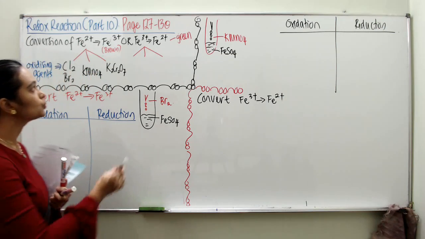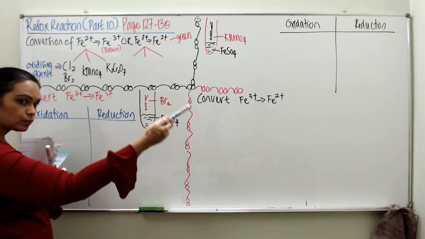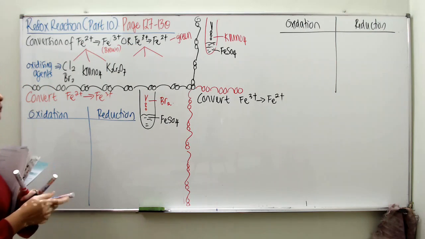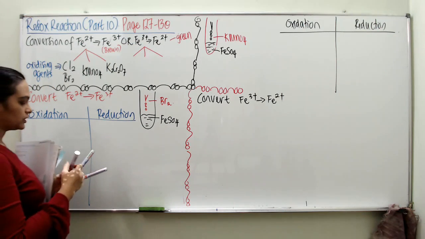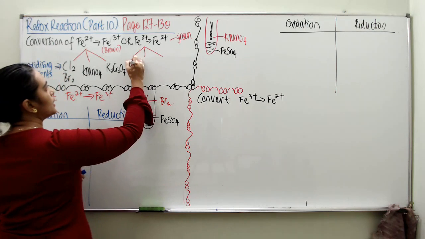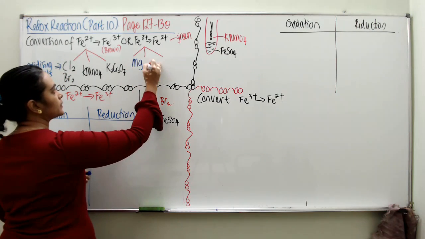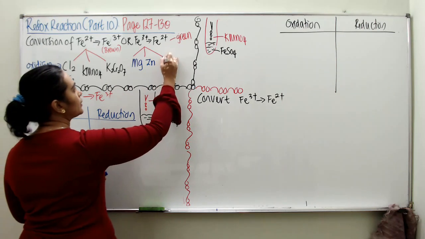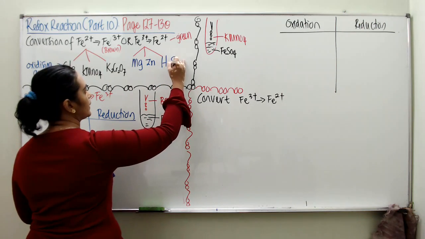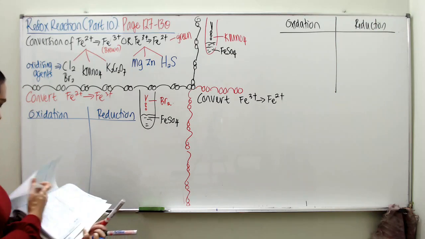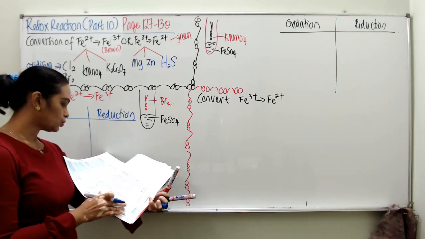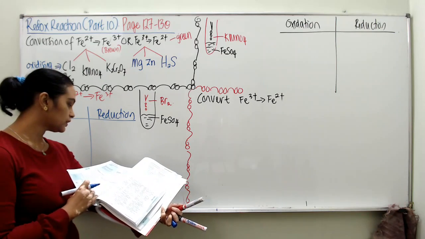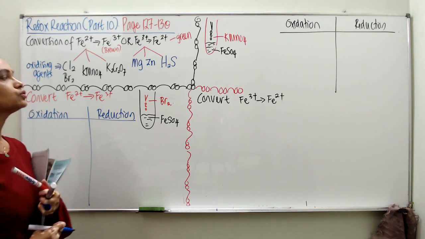Now, let's go to iron 3. If you want to convert iron 3 into iron 2, examples of reducing agents are magnesium and zinc, which are popularly used, and hydrogen sulfide. These are popular reducing agents.